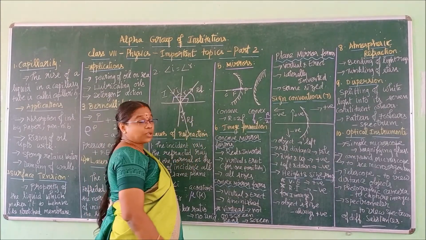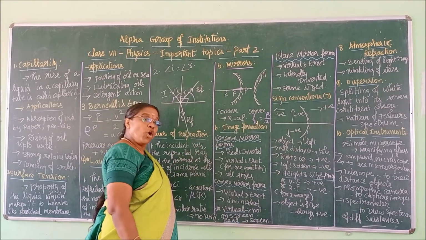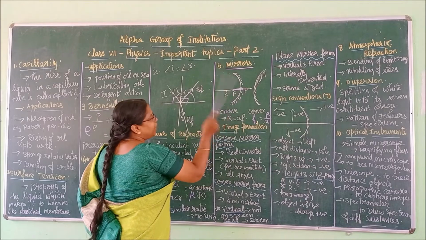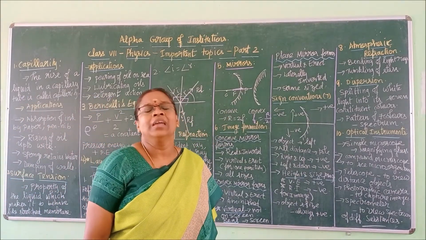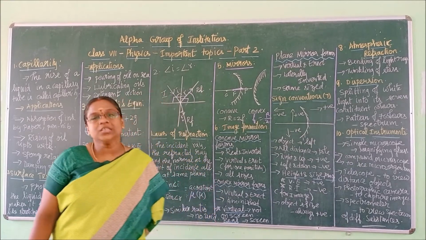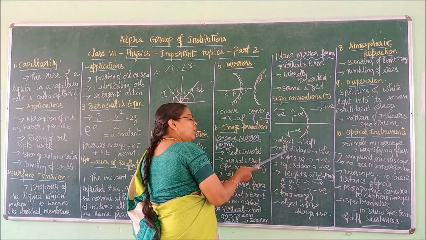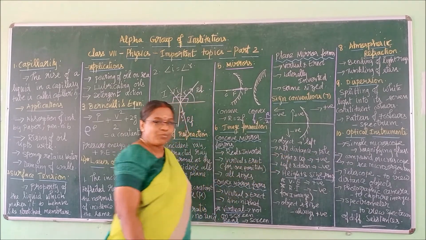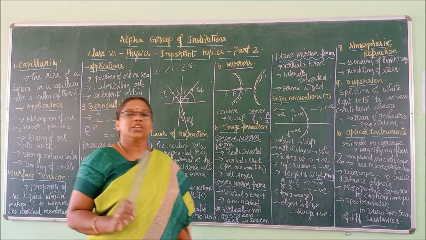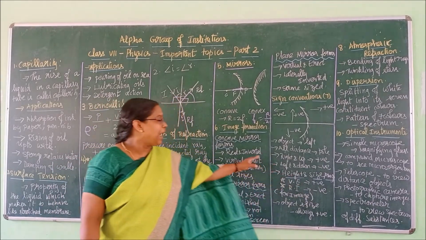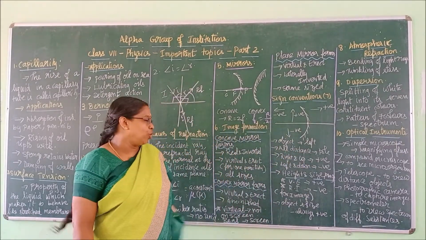Radius of curvature is the distance between C and P. Focal length is F and P. Like that, whatever measurements we do in a mirror, they have to be referenced with respect to the pole. That is what I have written here: all distances should be measured from the pole. Right, children? So what is the first point? Always the object must be kept at the left and all distances will be measured with reference to the pole.